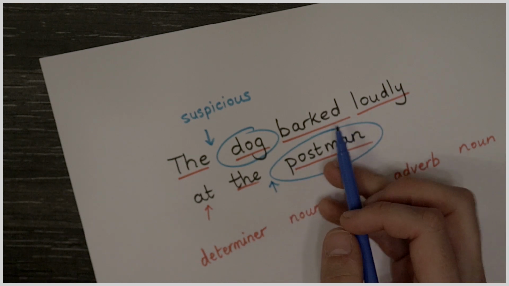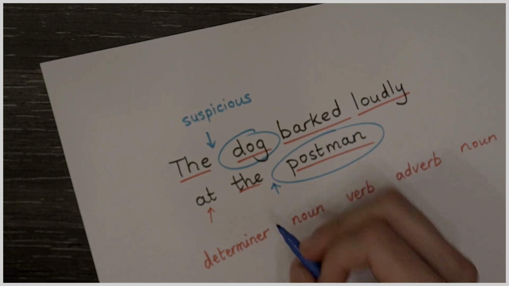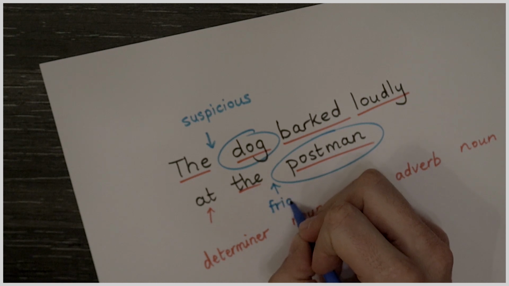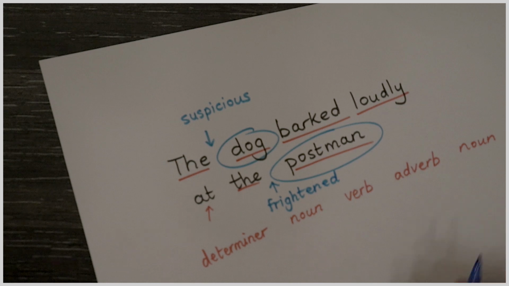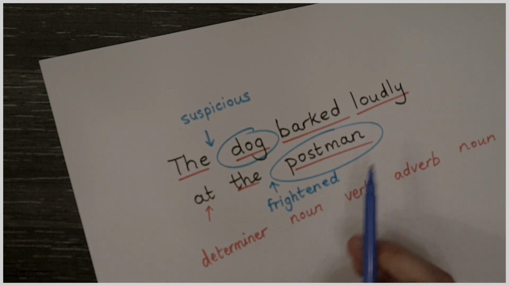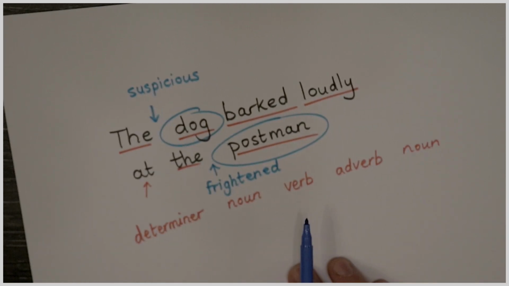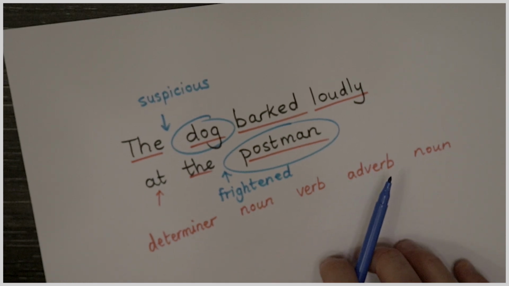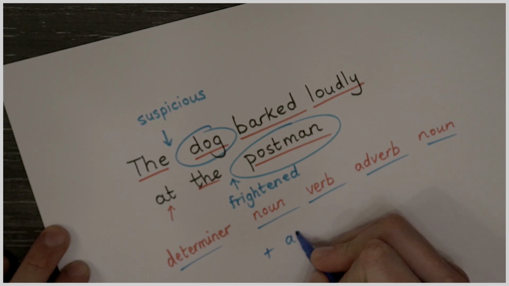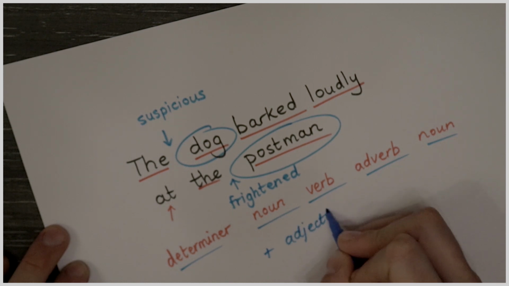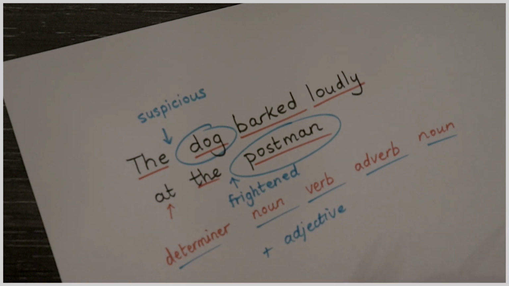Now, if the dog is barking loudly at the postman, maybe he's frightened or scared. So I might want to describe the postman as frightened. The suspicious dog barked loudly at the frightened postman. We have now used all these things. We've added an adjective as well. And we've been able to create a sentence.